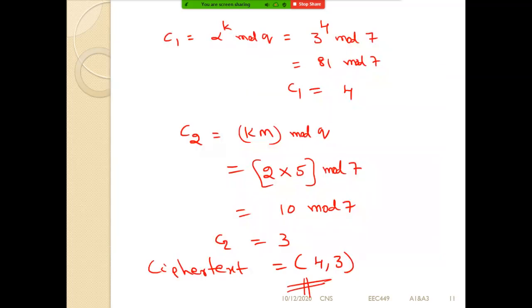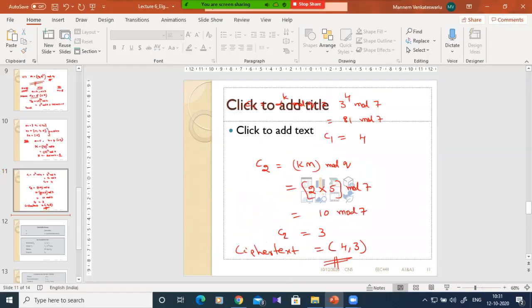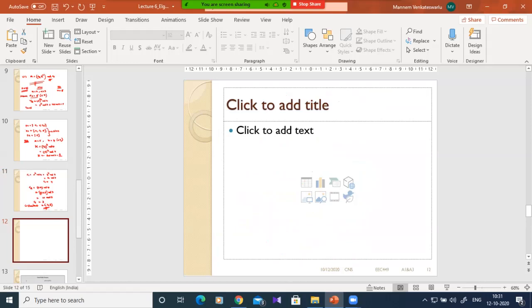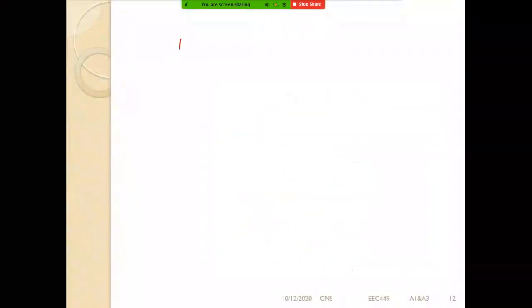Clear up to now? Now how will Alice recover? Alice receives C1 comma C2, which is 4 comma 3.